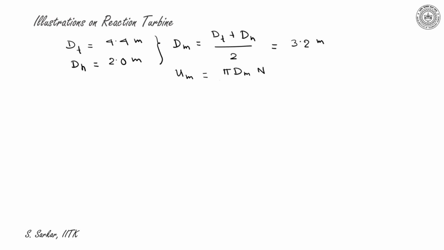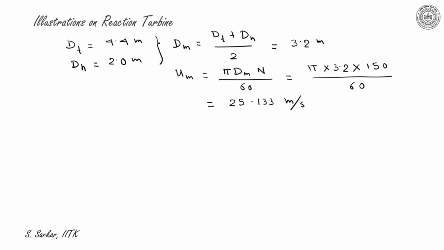Furthermore, I can calculate annulus area A as pi by 4 into dt whole square minus dh square, that is pi by 4 into 4.4 whole square minus 2 square.